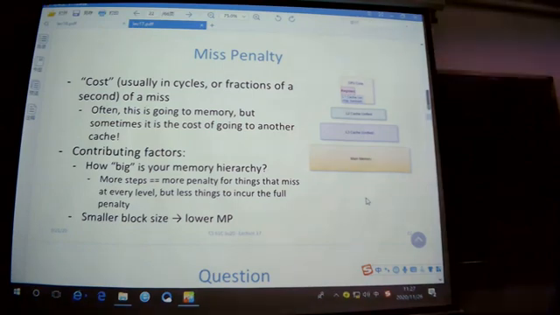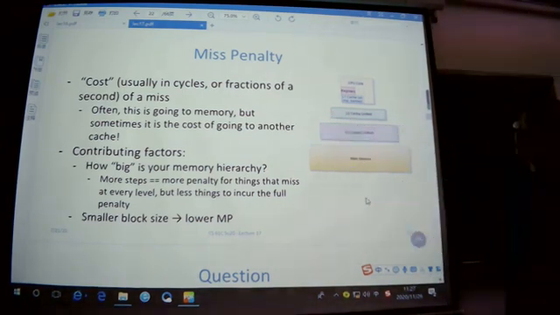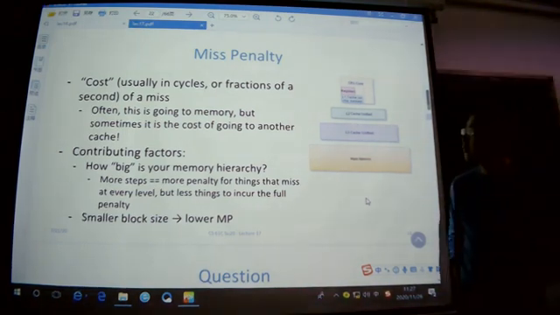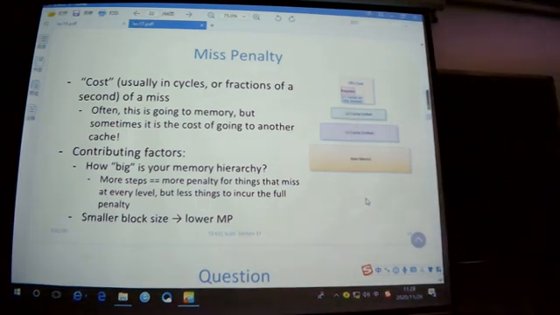In 2020, the US dollar was high. So the cost of money is the normal cost and the normal penalty. If you like to eat, you must pay some money. So usually it is in cycles or fractions of a second.